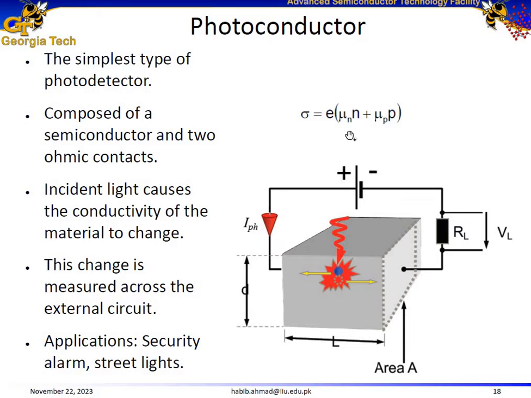Or it can be an intrinsic semiconductor, in which case it's going to result in the generation of electron-hole pairs, so both electron carrier concentration and hole carrier concentration contribute to the conductivity. The incoming light would result in the generation of electron-hole pairs, and an increase in the carrier concentration of electrons and holes would increase the conductivity of this photoconductor, which can be measured across the external resistor.